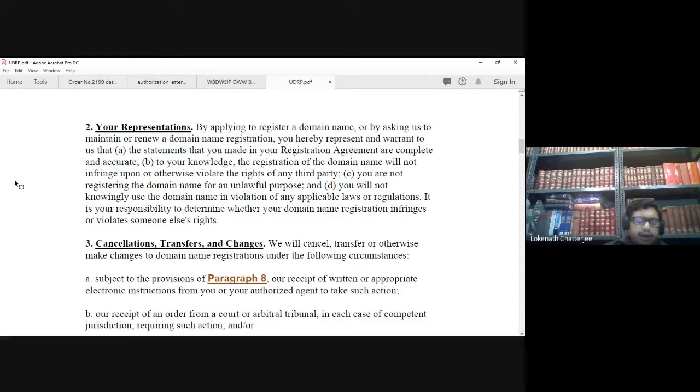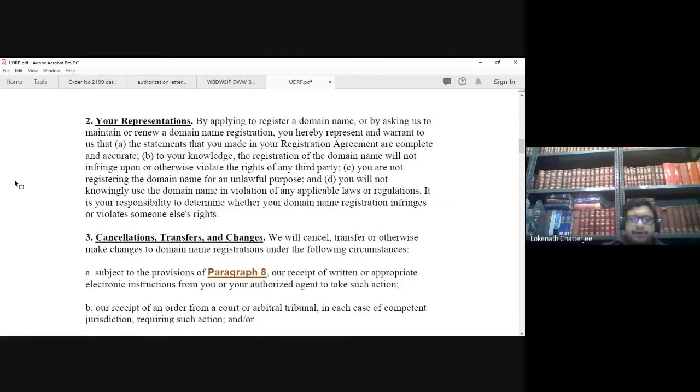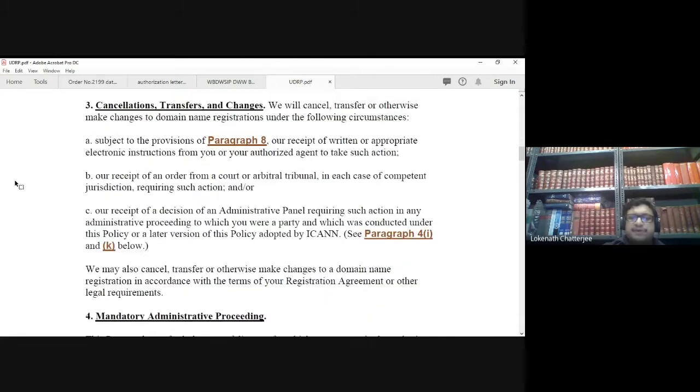Now, this is the domain name registration. Now let's go down and see the cancellations, transfer, changes. Domain name registration changes, how this is possible.